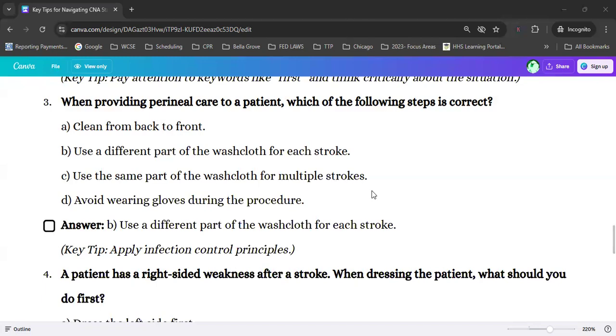B, use a different part of the washcloth for each stroke. C, use the same part of the washcloth for multiple strokes. Or D, avoid wearing gloves during the procedure.